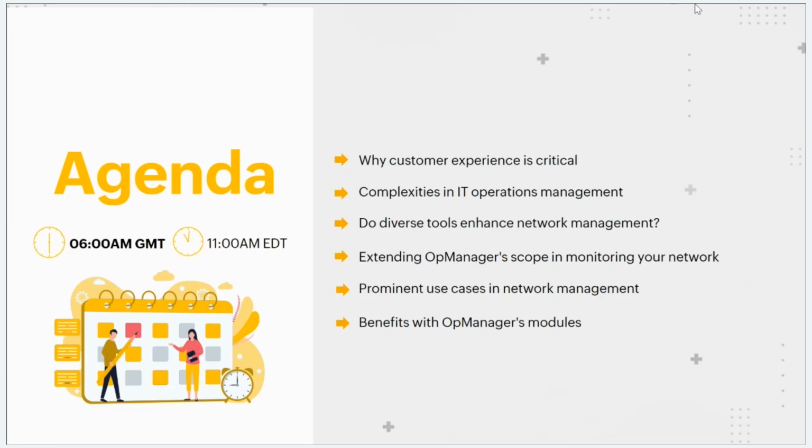Let's see how we can extend OpManager's scope in monitoring your network, and we'll talk about OpManager's modules, and we'll discuss a few use cases to understand OpManager's extended functionalities from your network's point of view. And finally, we will see how these modules are advantageous, its price point, and how you can get started.